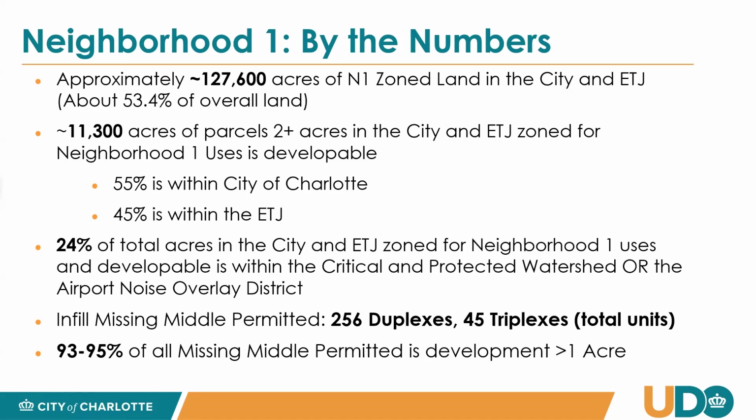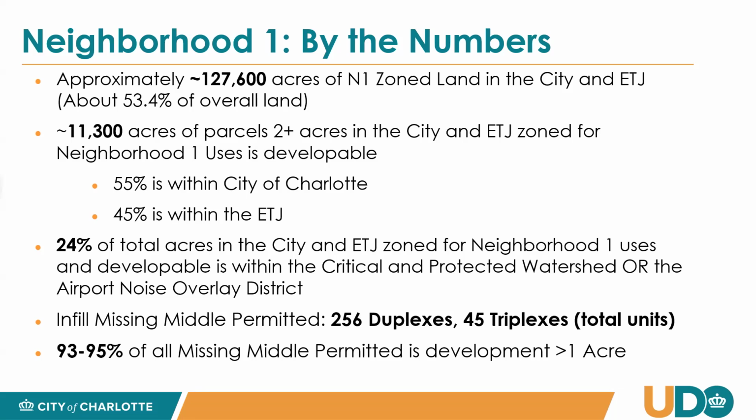Of that, and we've used this number before, 11,300 are parcels that are over 2 acres and what we classify as developable, meaning that they're vacant, underdeveloped, or underutilized currently. About 55% of that is within the city and 45% is within the ETJ.